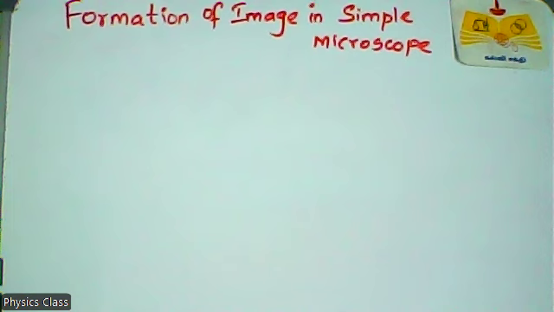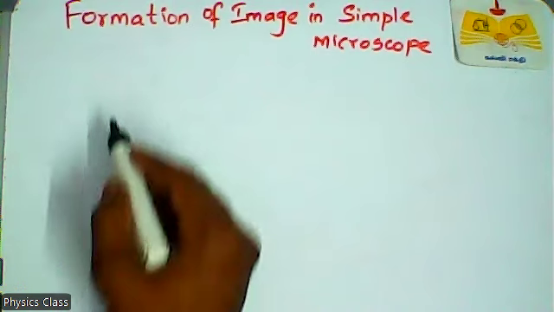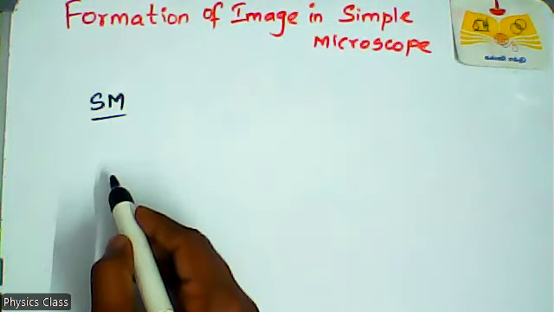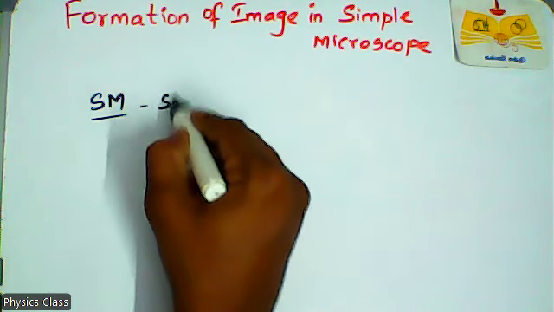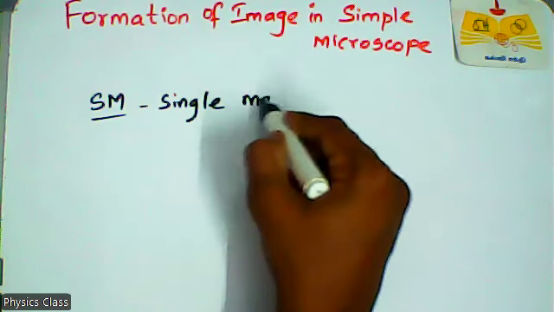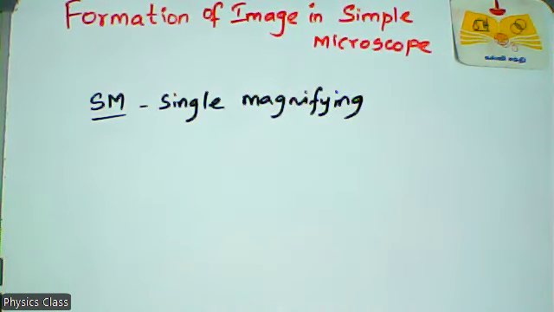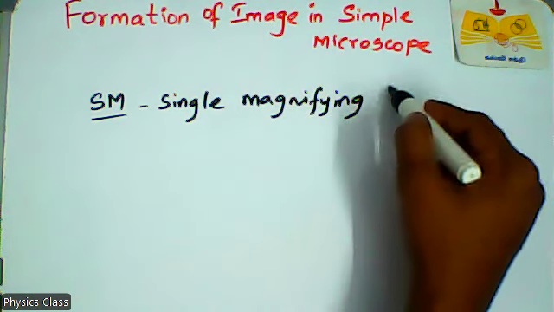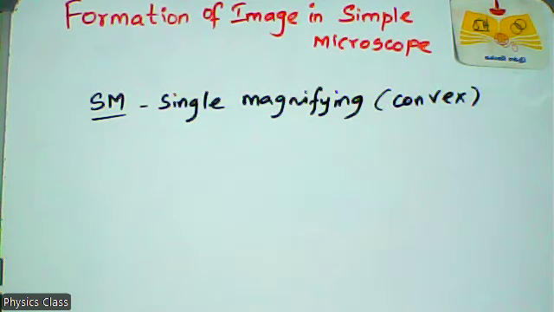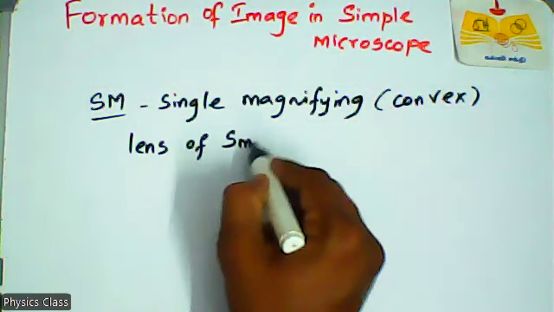So simple microscope means SM is a single magnifying convex lens of small focal length.